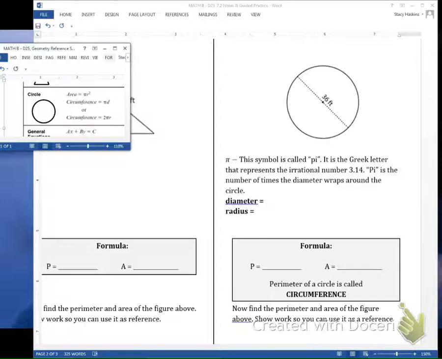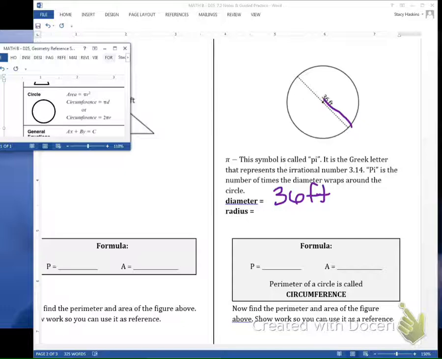Alright, so what is the diameter of the shape here? Remember, the diameter is the distance all the way across. That 36 seems on the center and they have the line drawn all the way across. That refers to the diameter, 36 feet. If you remember that the radius is only halfway across, then if you know the diameter, you can calculate the radius. You simply divide it by 2.